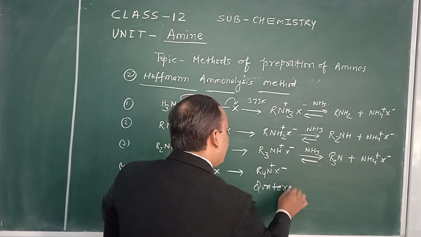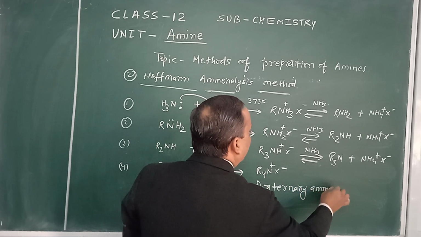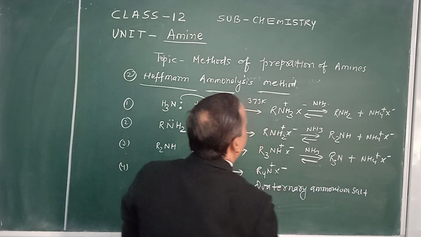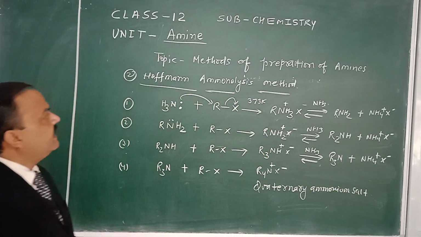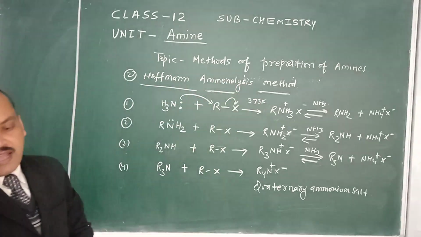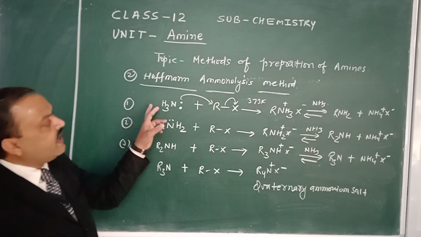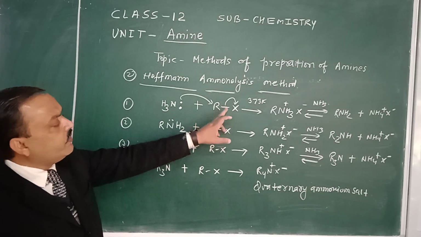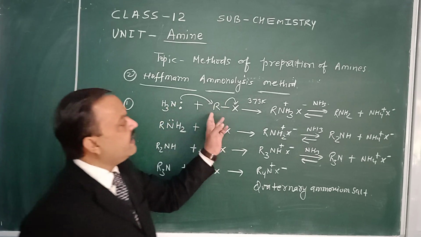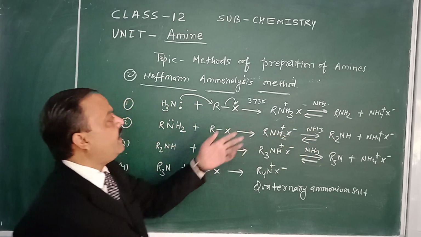So in this Hofmann ammonolysis method, ammonia reacts with molecules of alkyl halides, and we get different kinds of amines step by step.